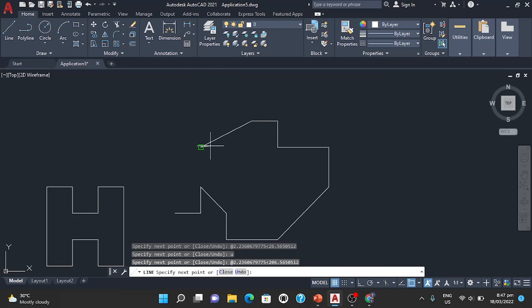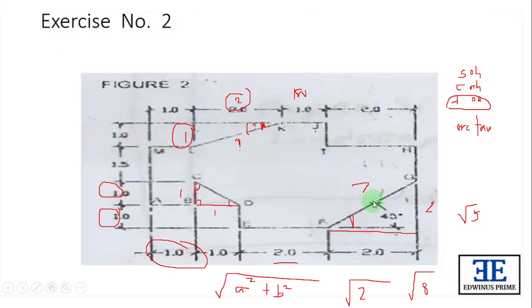So we have this line, and based on our diagram, it is the same.